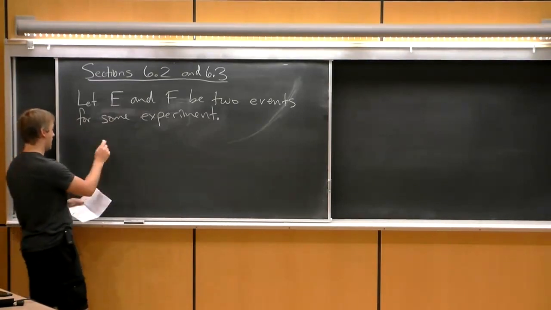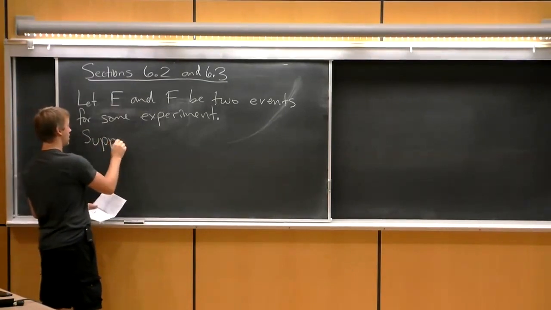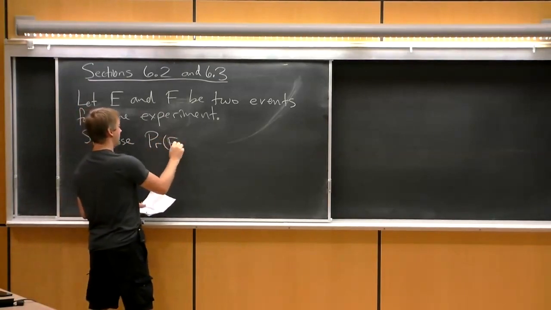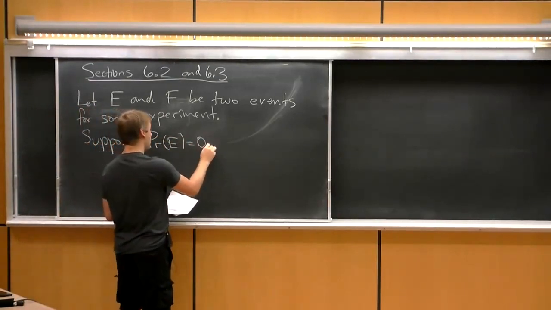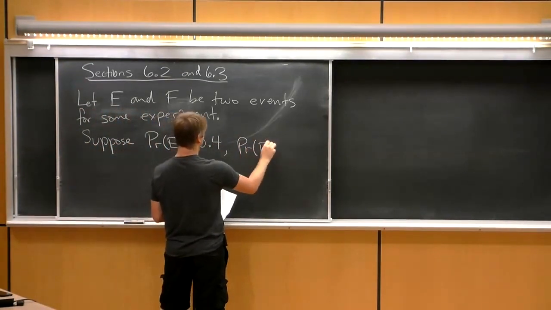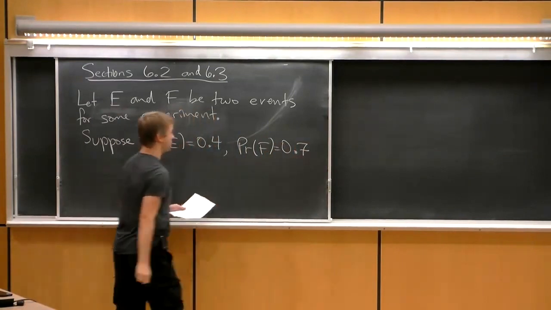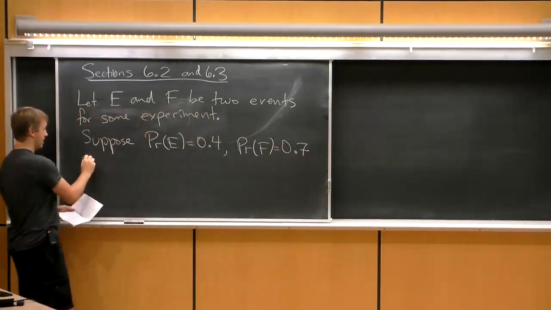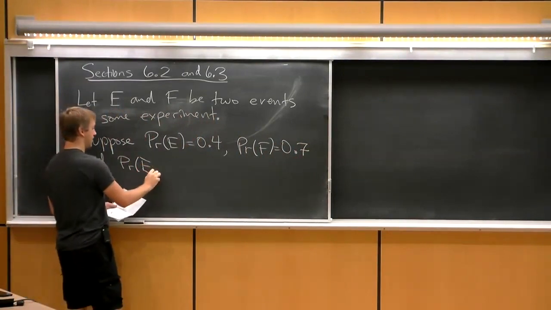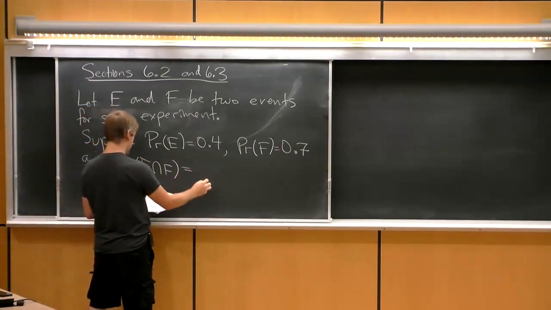And suppose that the probability of the event E is 0.4. The probability of F is 0.7. And the probability of the intersection of E and F is 0.3.